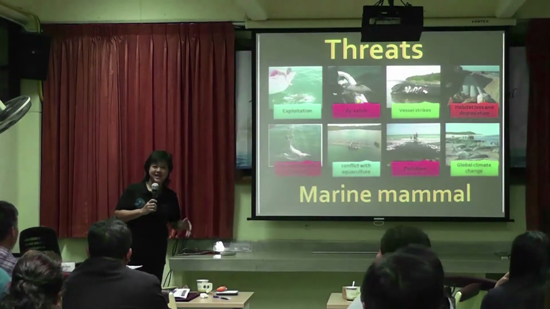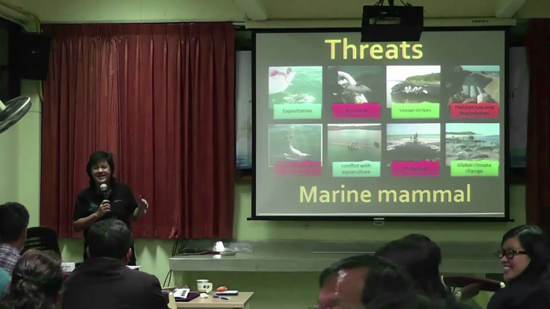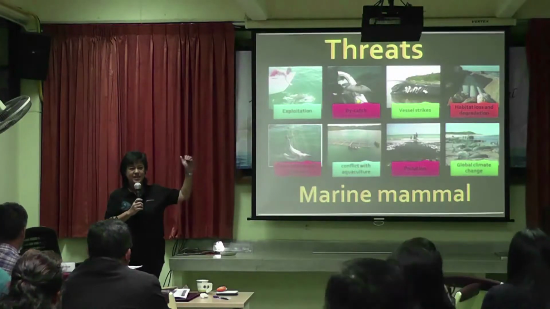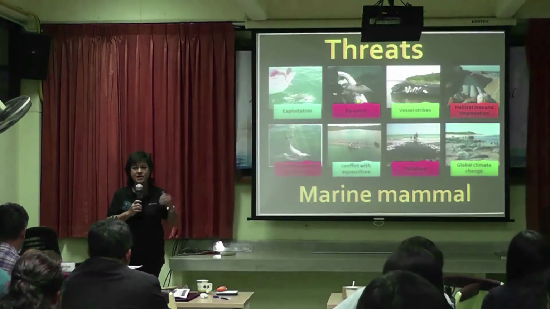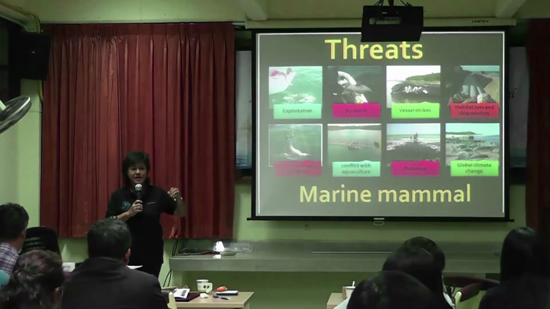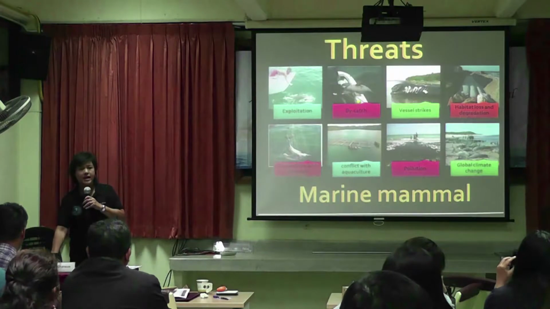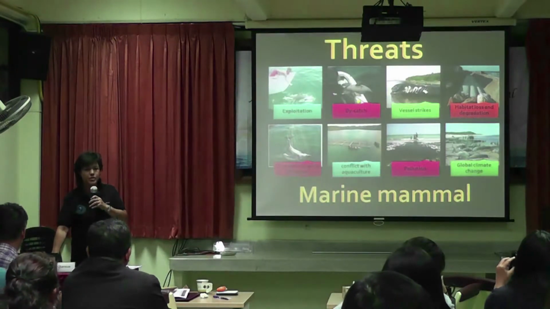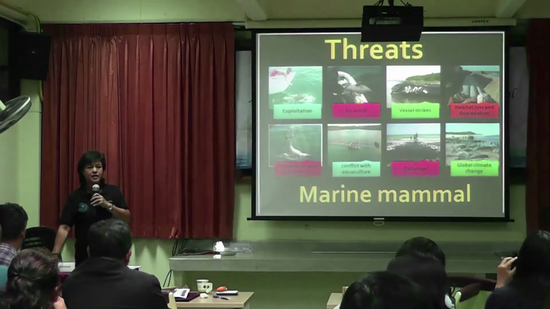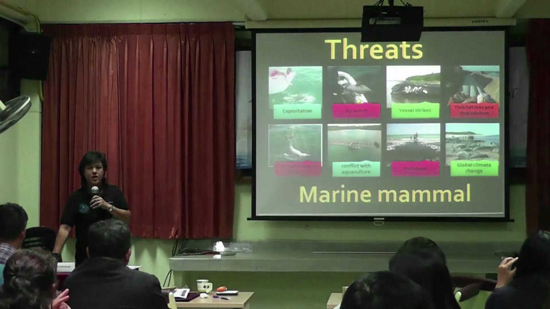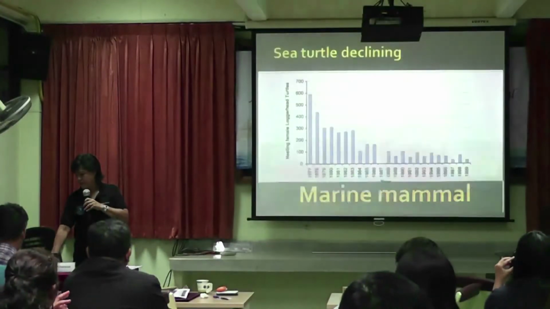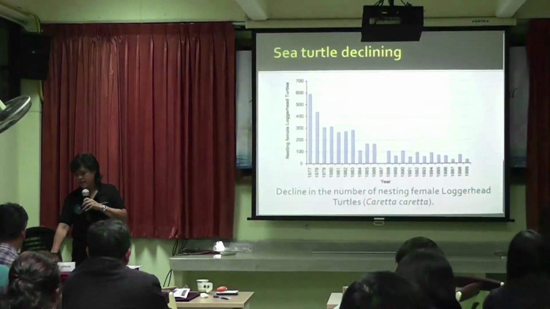It affects the animals indirectly because the food they're eating is being affected. When they cannot have food to eat because the food died, it indirectly affects the physiology of the animals. So sea turtles have the same trend.